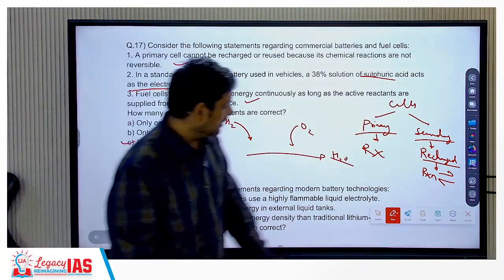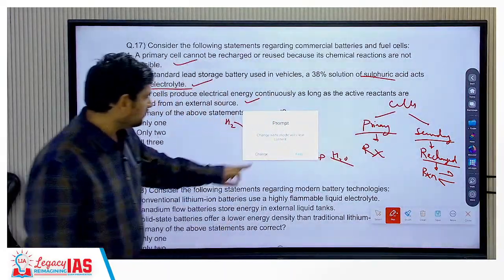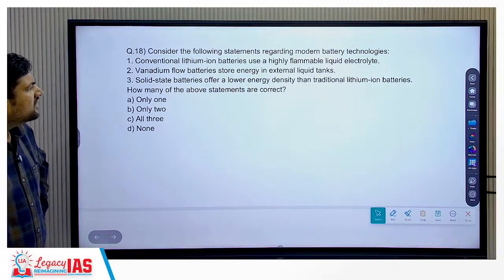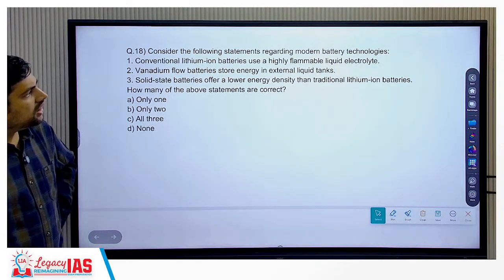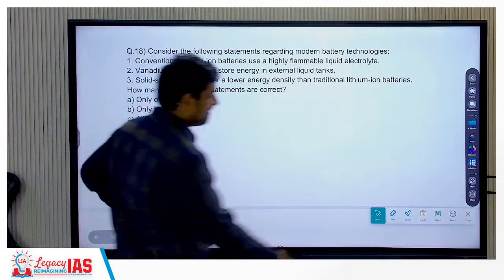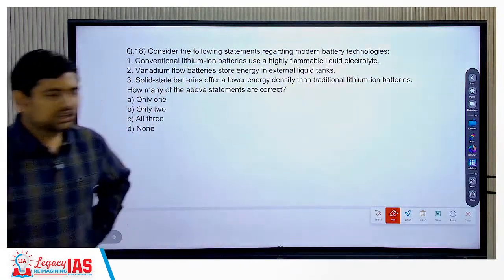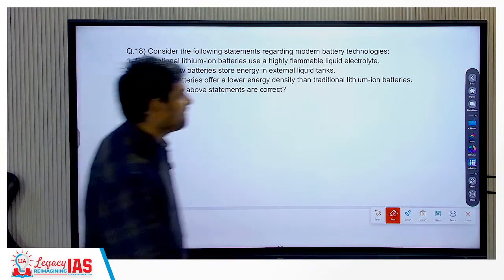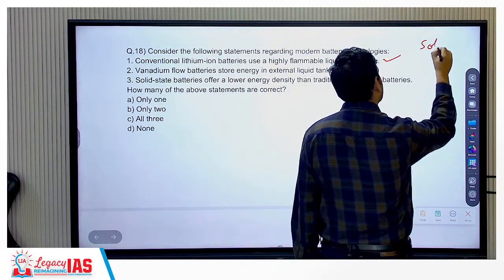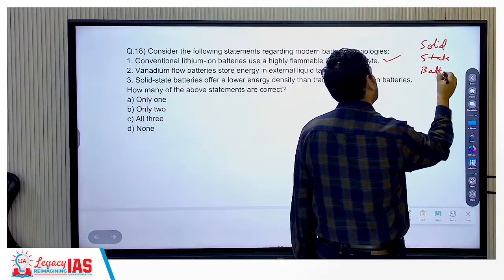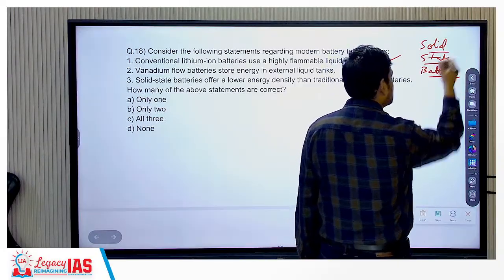Then, conventional lithium ion batteries use a highly flammable liquid electrolyte. What do you think? Highly flammable liquid electrolyte. We have also written about something known as solid state batteries.